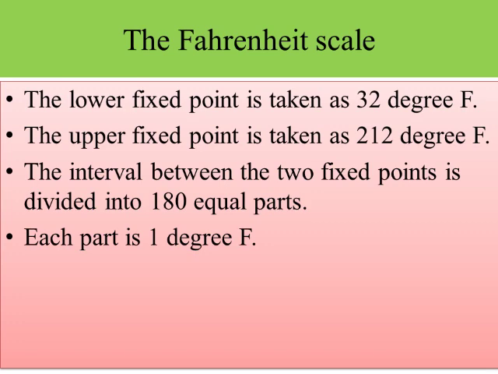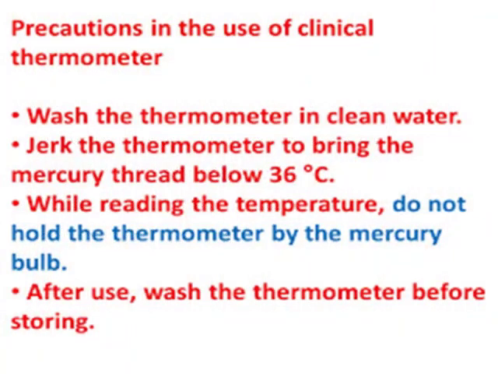So next we will learn about the precautions that should be taken while using the clinical thermometer. Students, precautions should be observed while reading a clinical thermometer. So what are they? Come, let us discuss. Wash the thermometer in clean water.